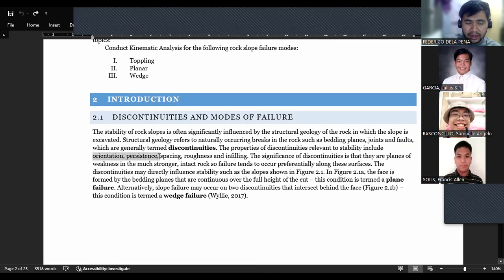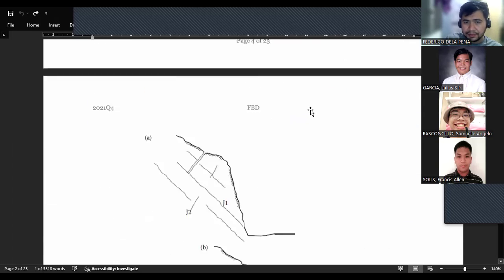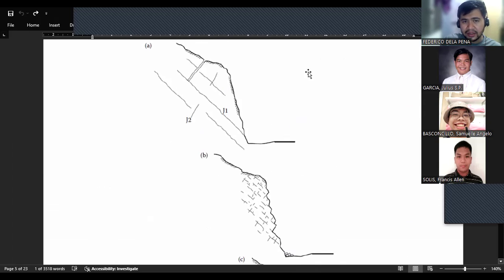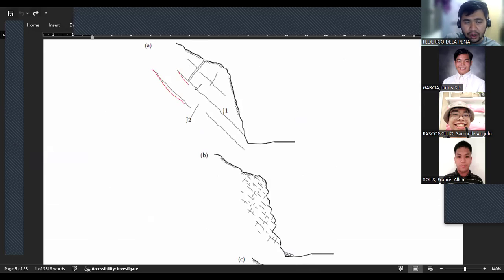Other stuff that we use to characterize discontinuities are spacing, roughness, and infill. Let's go back again to this illustration. Spacing is, in essence, when you look at two parallel discontinuities, the distance between two parallel discontinuities of the same set. Okay, that's important to note.